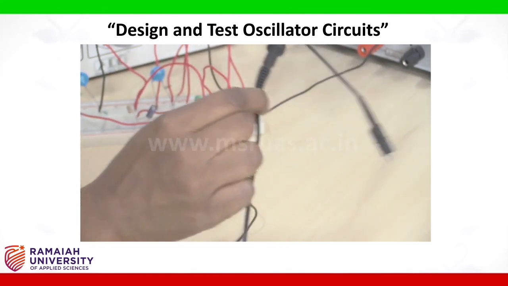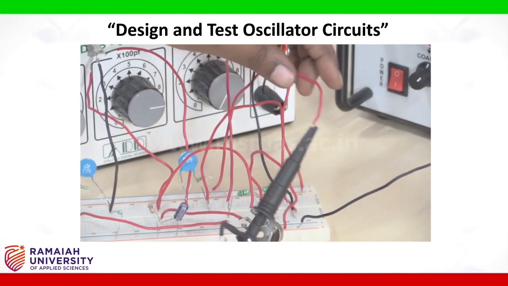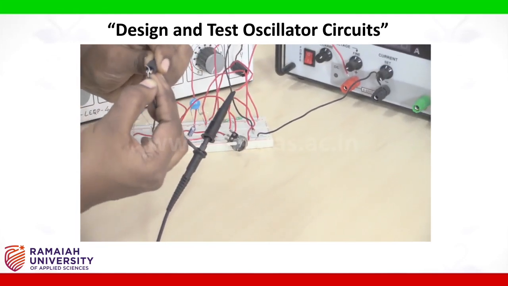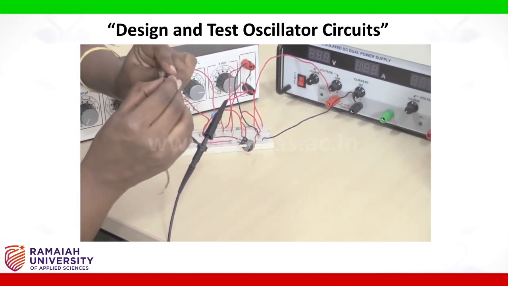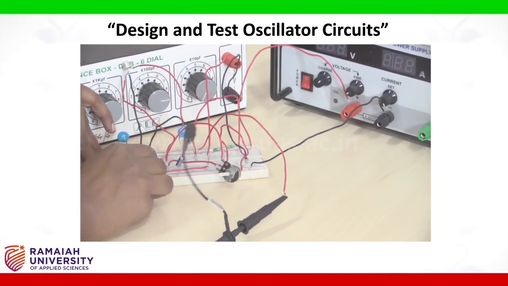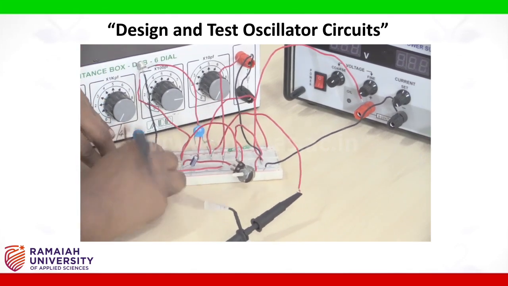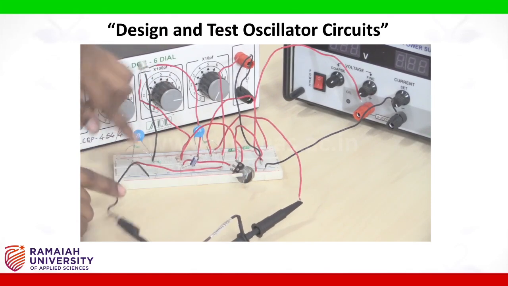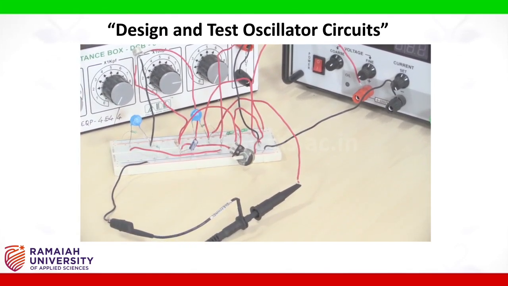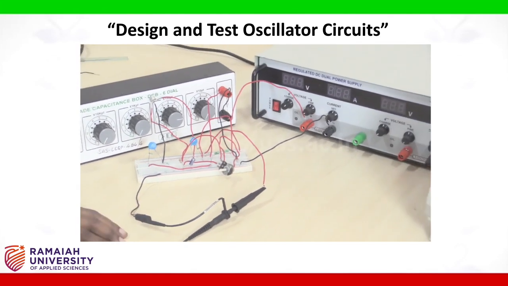So positive of oscilloscope is connected to output terminal. Then connect negative of the oscilloscope to ground. This completes the connections of the Hartley oscillator circuit.